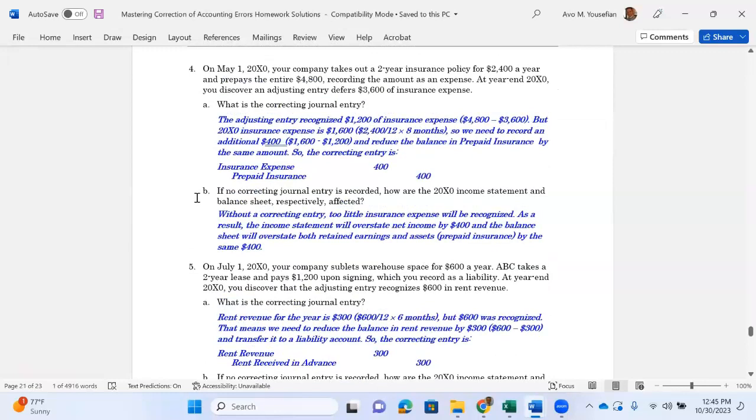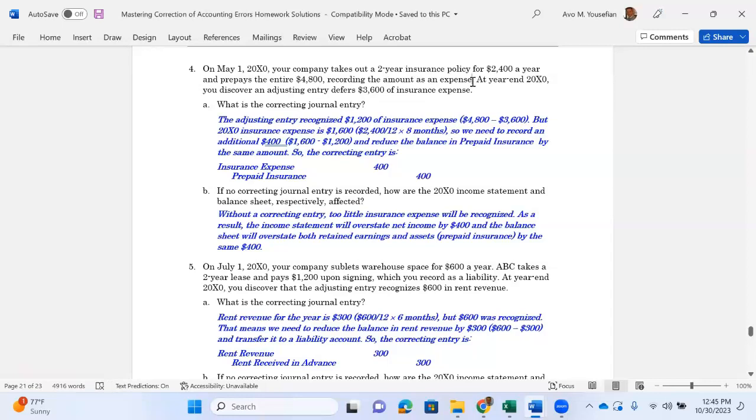Number 4, on May 2020, your company takes out a 2-year insurance policy for $2,400 a year and pays the entire $4,800, recording the amount as an expense.